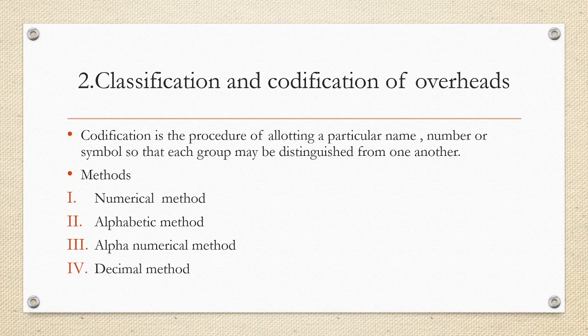And the third one is a combination of both the numerical and alphabetic methods, that is the alphanumerical method. So it is a combined method, a combination of alphabets and numbers. For example, we give repairs the number 1, and the service department canteen as C. Now if you write C1, it means the repair charges of the canteen department.